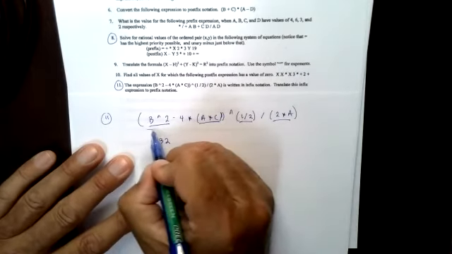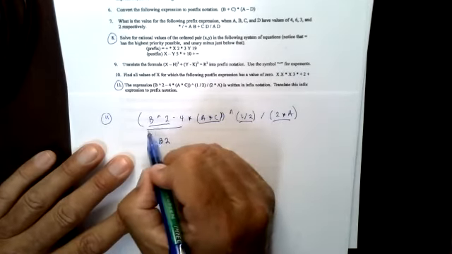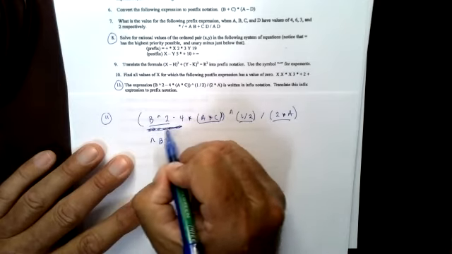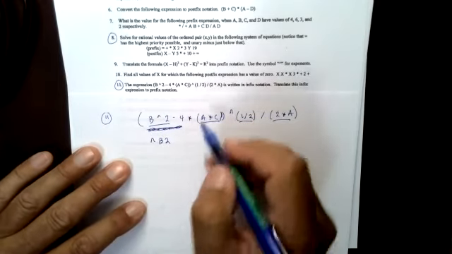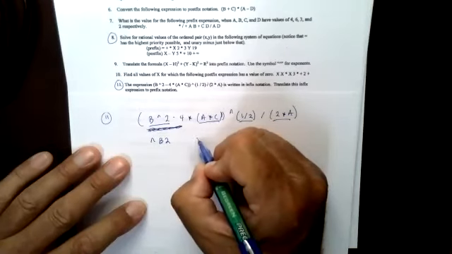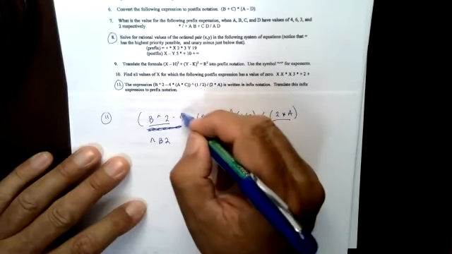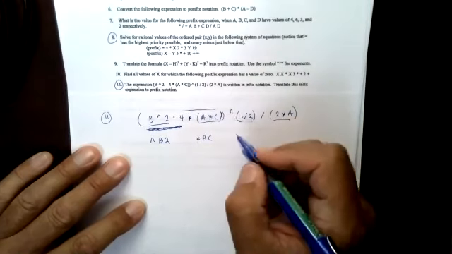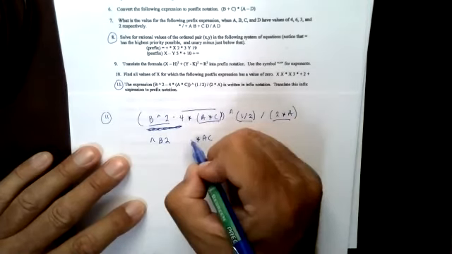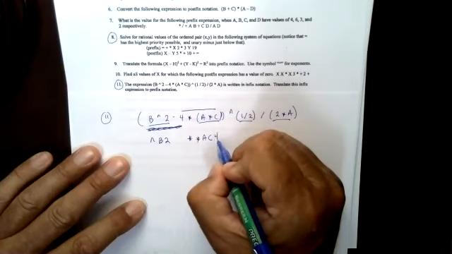Then I have, oh boy, wait a minute, I have some order of operations to take care of. I have times AC, and then times 4.